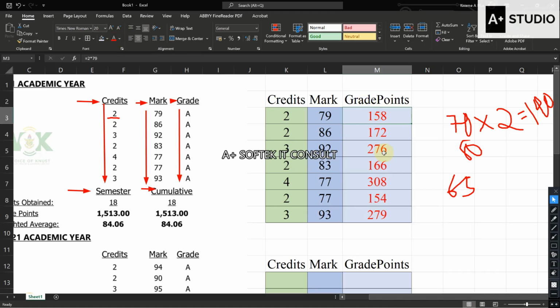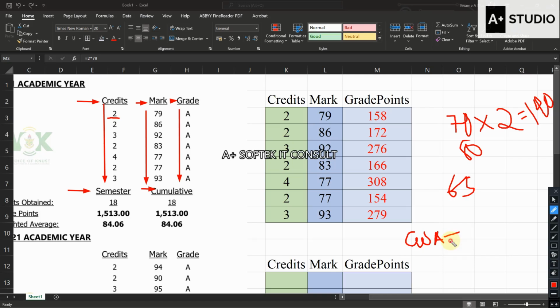So right now I want to find the cumulative weighted average. So the cumulative weighted average, if I write CWA here, is going to be equal to what? The grade point total, or the weighted point total. So it's going to be a summation.